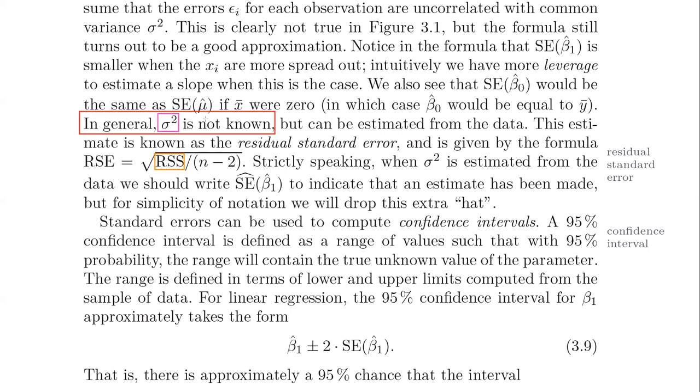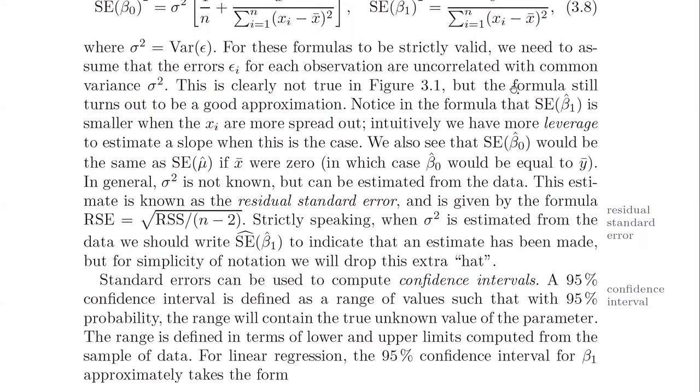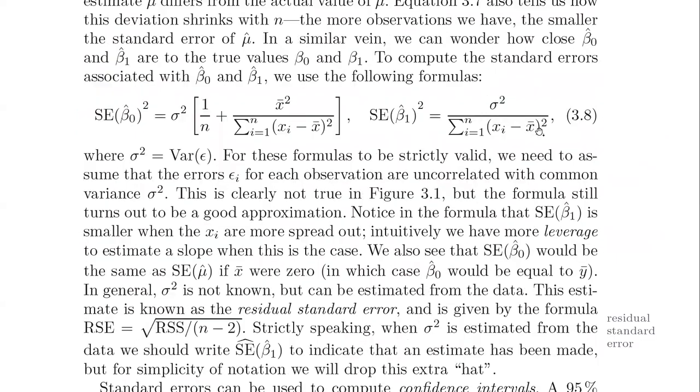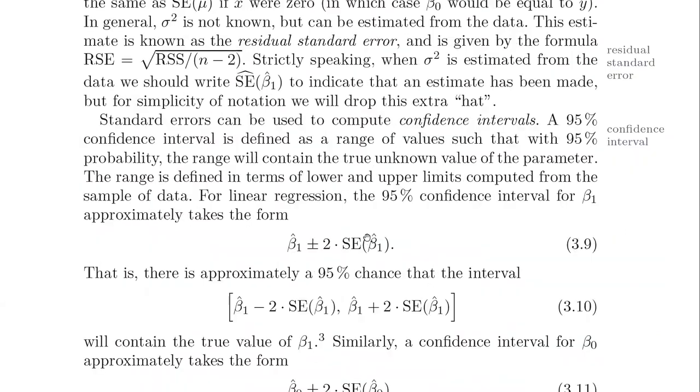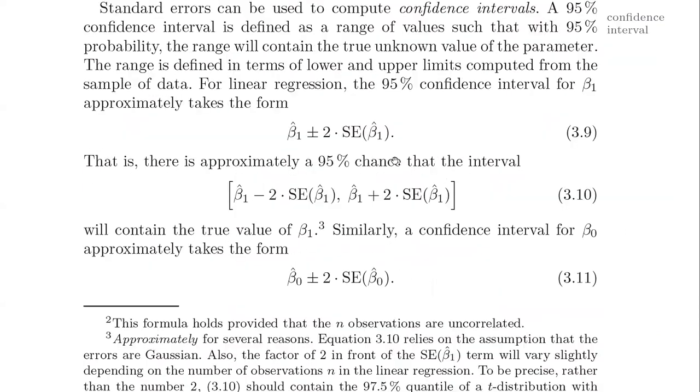This is how we're going to calculate sigma squared. And sigma squared is then divided by this sum to create the standard error of beta 1 squared.